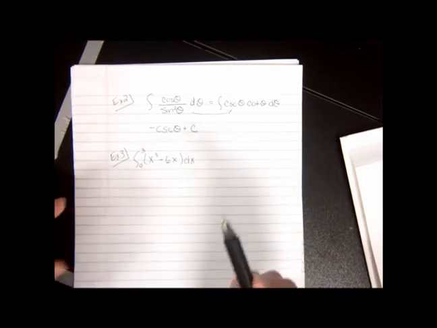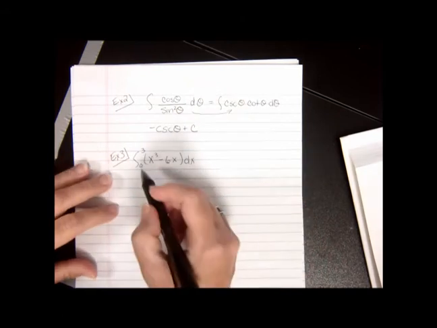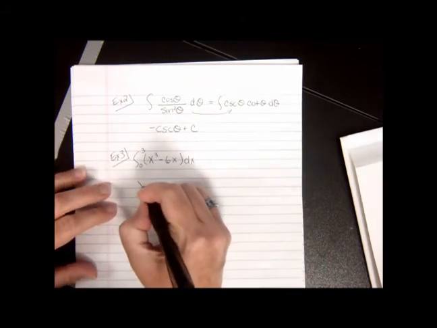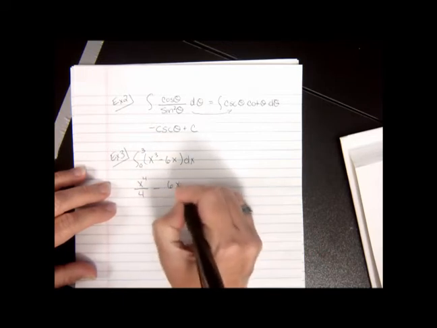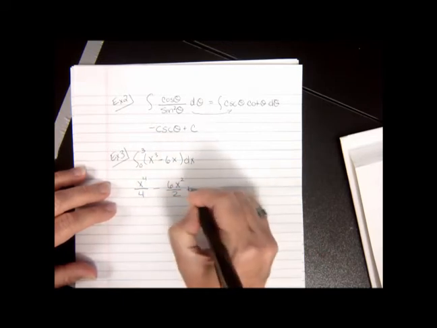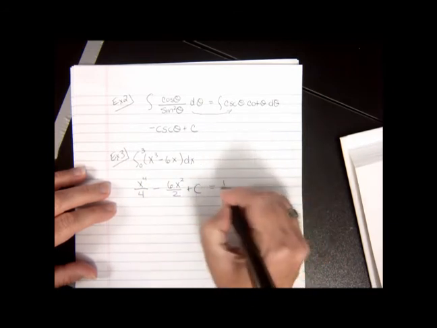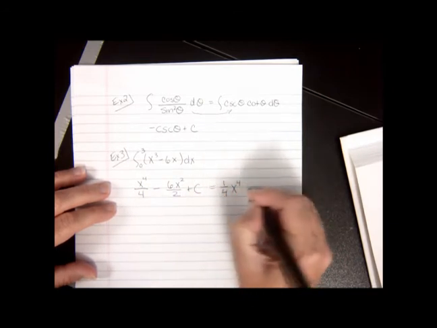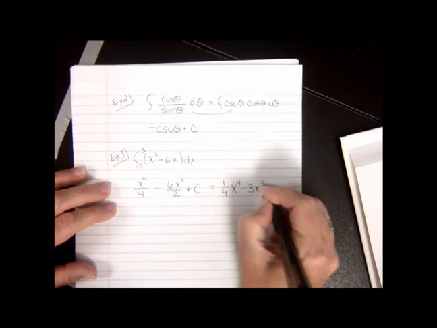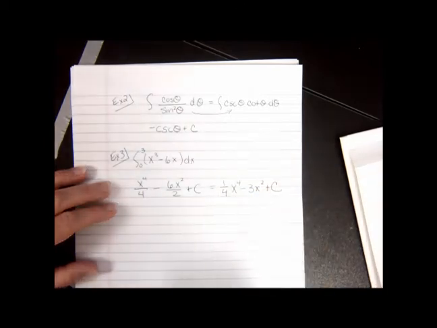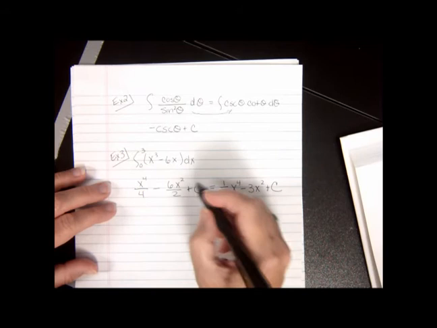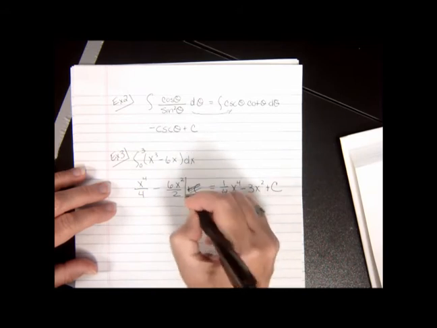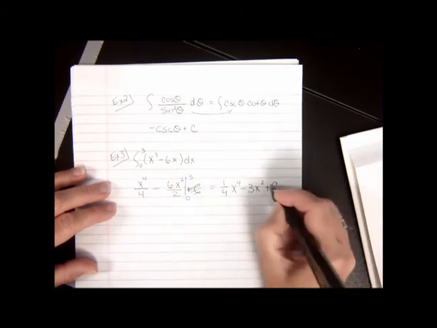So now when I integrate, I will have x to the 4th over 4 minus 6x squared over 2 plus c. And if I simplify that, this is what I get. Okay? So here I'm not plus c. Well, why not plus c? Because I have boundaries. I'm stuck on doing indefinites.